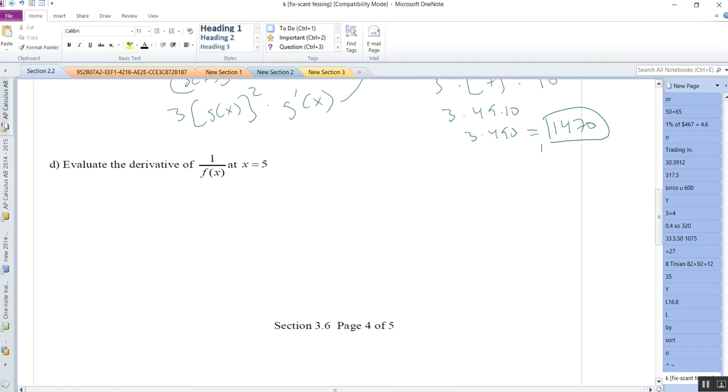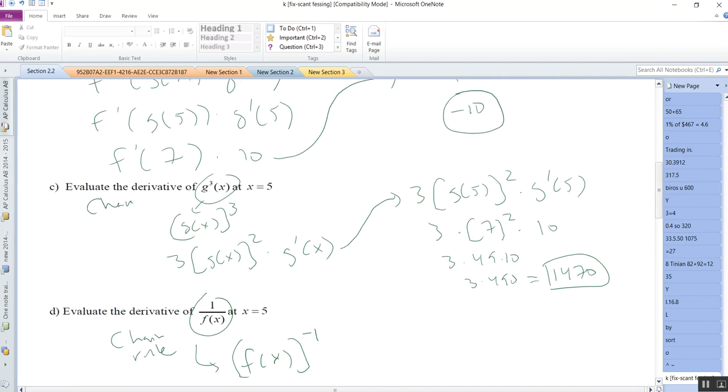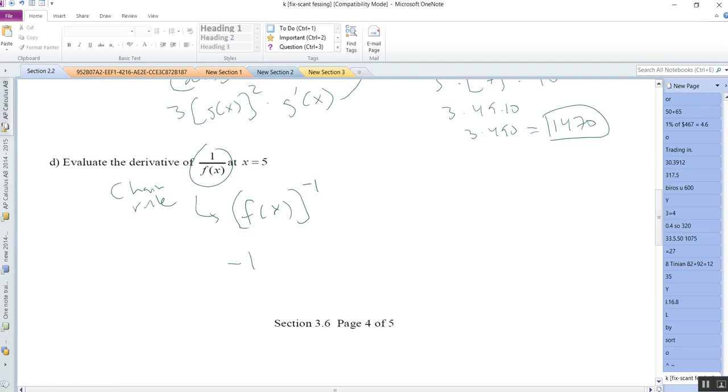Then lastly, we have 1 over f of x. You think of that as f of x raised to the -1 power, or you could do a quotient rule, your choice. But we'll use chain rule again, just like how we did chain rule in part C, right? So move -1 to the front. You're going to raise that to the -2 power times the derivative of the inside.